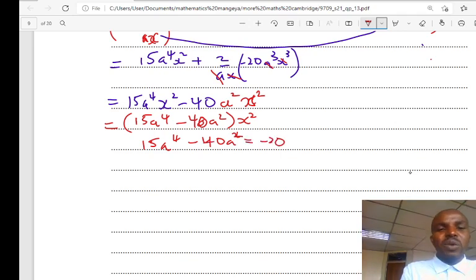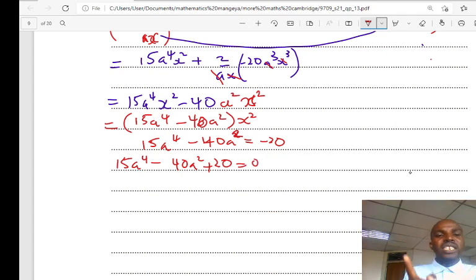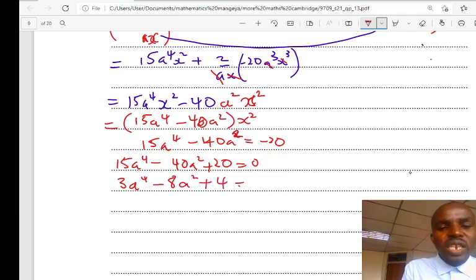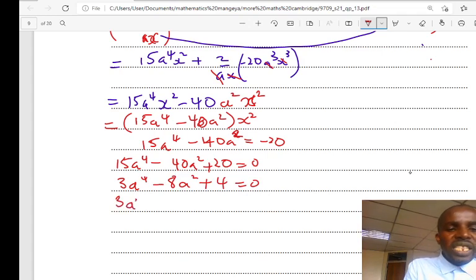Then express as a quadratic equation: 15a^4 minus 40a squared plus 20 is equal to 0. Then you can see there's a common factor 5 there. Divide everything by 5. You'll be left with 3a^4 minus 8a squared plus 4 is equal to 0. Then this one you can express in this form.